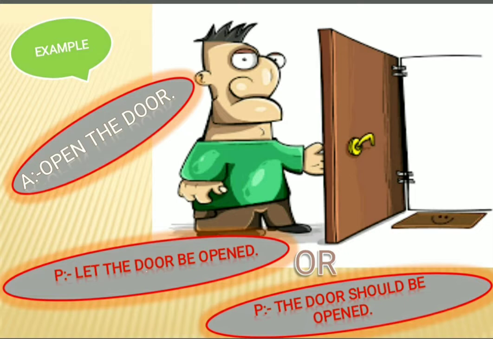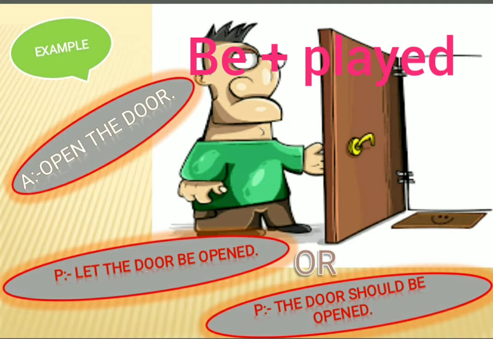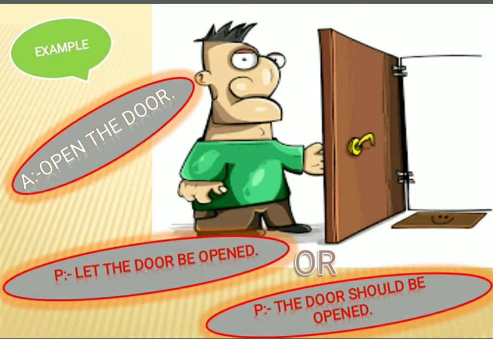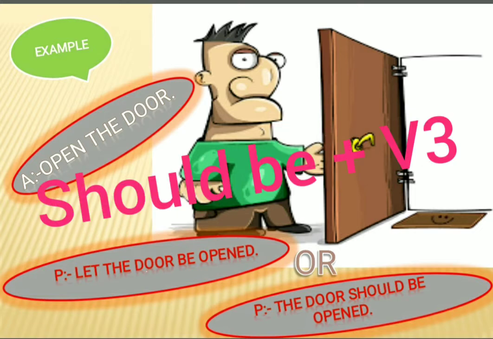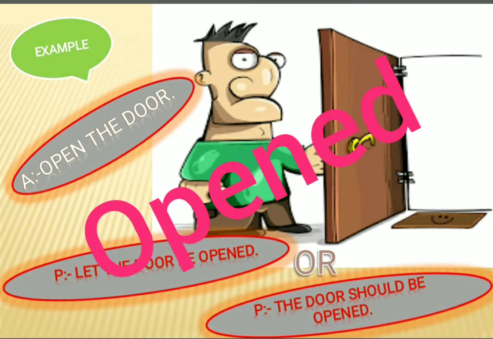Here, after "let", we have used the object "the door", and then be plus V3 is used, and here V3 is "opened". In the second example, we have used the second structure: first the object, that is the door, and then should be plus V3, and V3 is "opened".